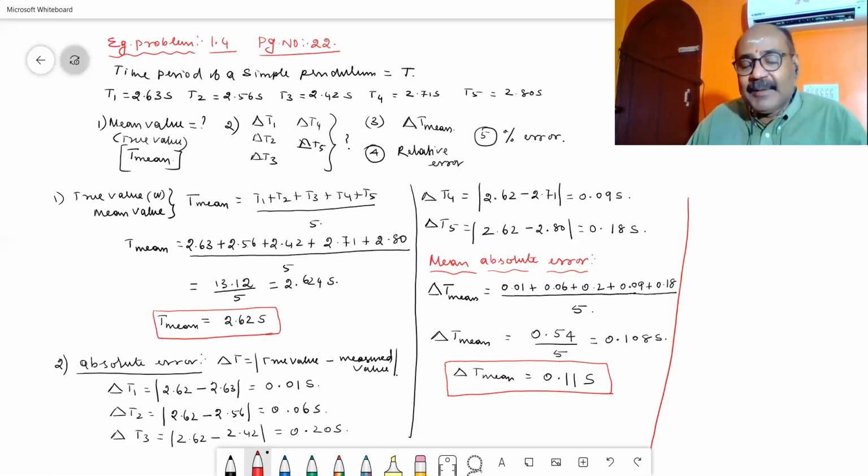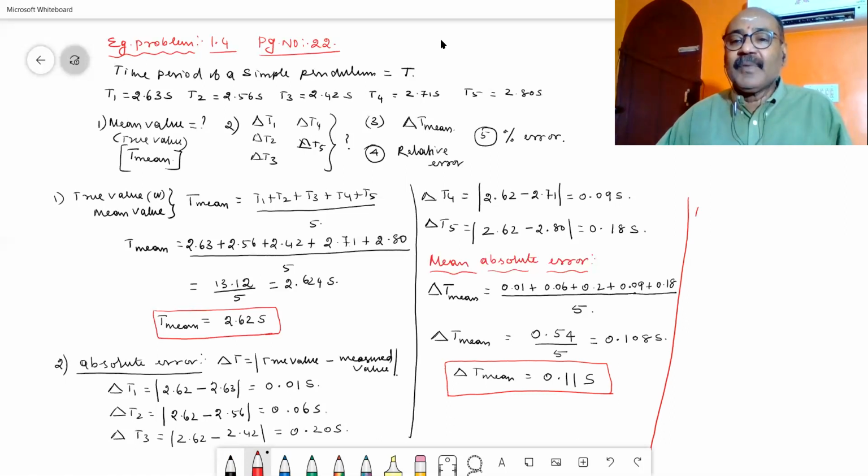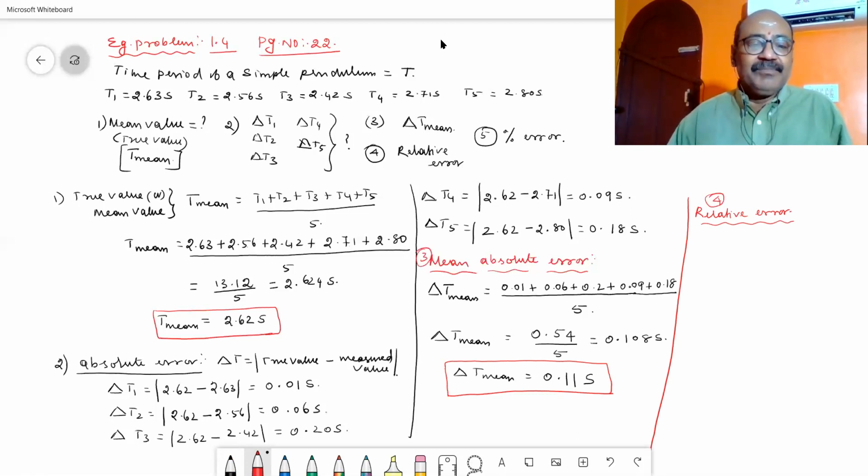After calculating the mean absolute error, I have to go for the relative error. The fourth point that I have to take is the relative error. This is the fourth one and this is the third one. How to calculate relative error? First of all, you write the formula.